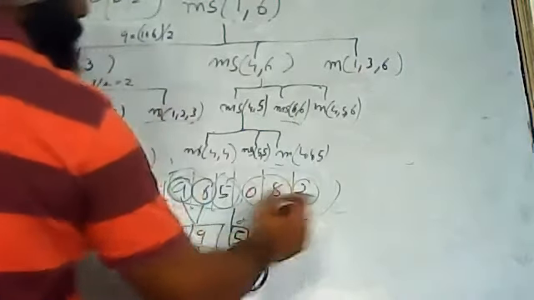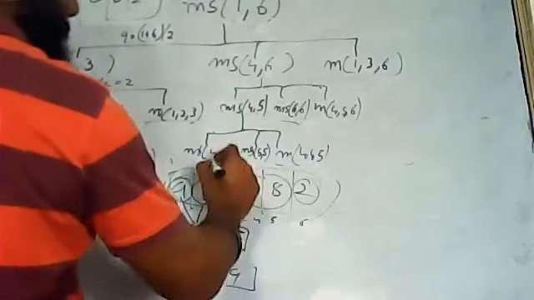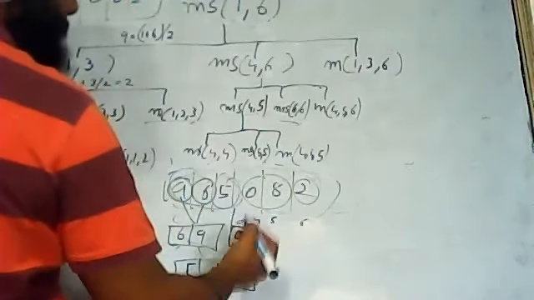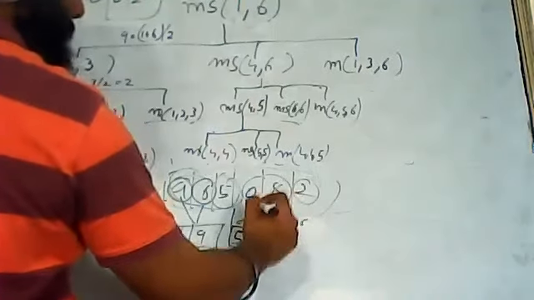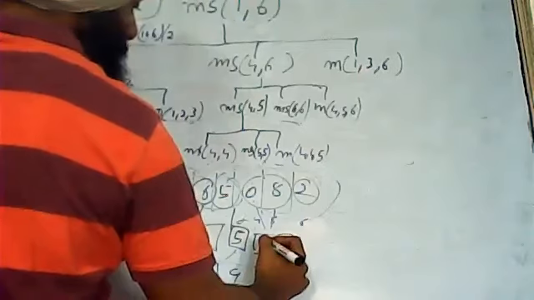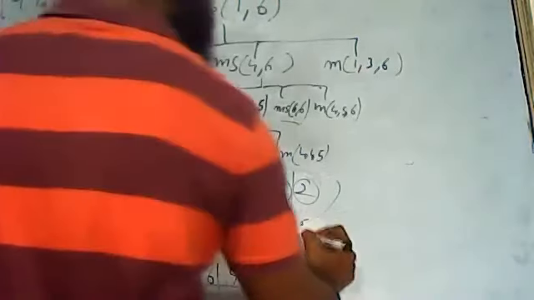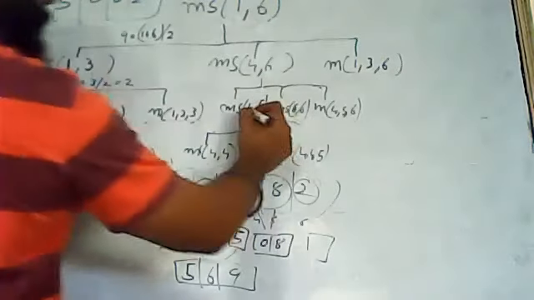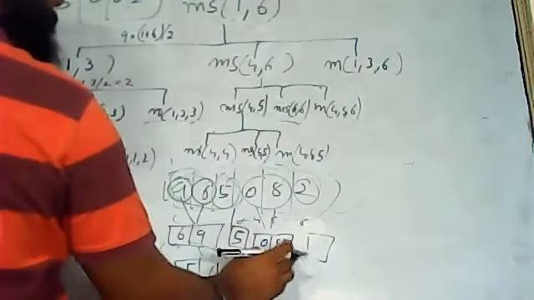Now, in order to solve 4 to 5, we will solve 4 to 4 and 5 to 5 first. These are single elements, so they are already sorted. Now we can apply the merge procedure here, and it will become 0 and 8. Those are already in sorted order. This 4 to 5 is sorted.